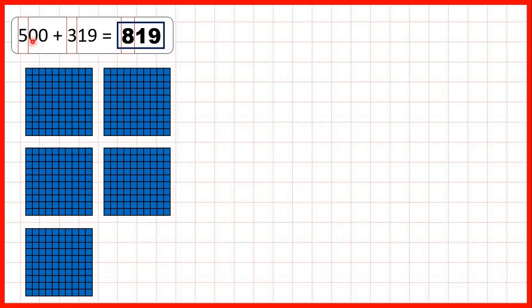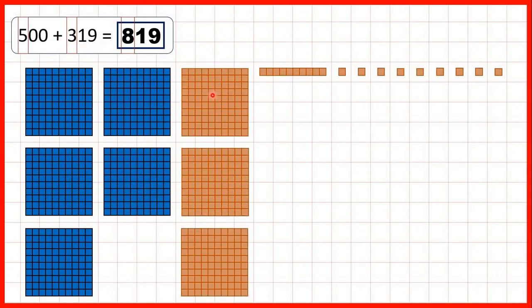Then we started with our multiple of 100, so started with 500. We were adding 319, so that's adding 3 hundreds, 1 ten, and 9 ones. You can see that altogether we now have 8 hundreds, but because there weren't any tens or ones in the number that we started with, the tens and ones that we added appear exactly as they are in our answer.